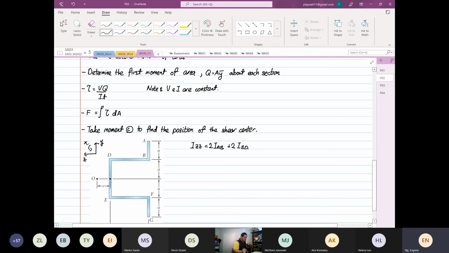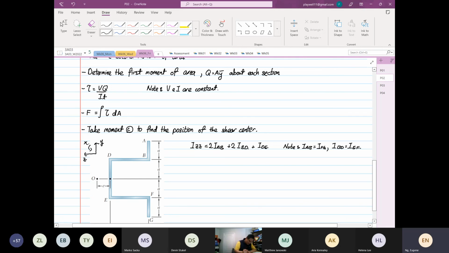Again, the geometry and orientation of BD and EF are the same. That's why we take it twice. And then we're going to plus ID. And I'm going to put a small note down here that IAB is equal to IFG and IBD is equal to IEF.